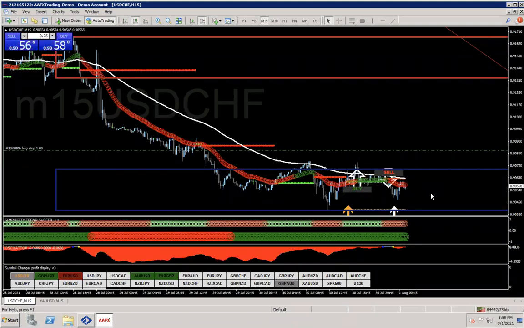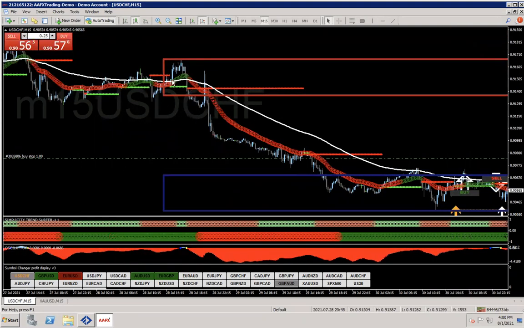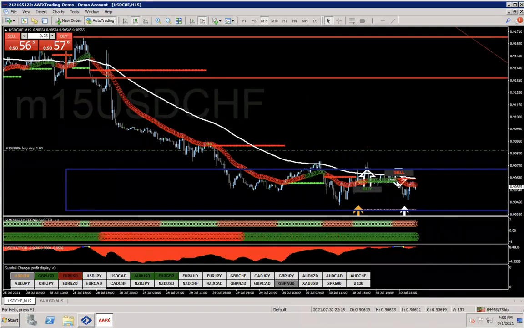All the USD pairs moved except for USD Swiss. It consolidated the whole day. That's a good thing, y'all, because consolidation precedes breakout. If you look right here before this breakout, look what it did. Jump, jump, jump, jump, jump, and then boom. So the longer it consolidates, the greater and the stronger the move.